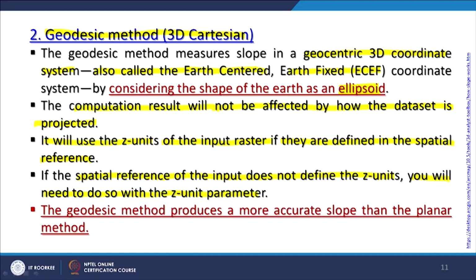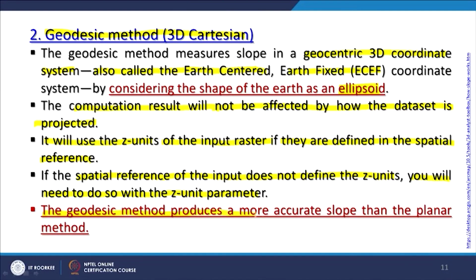So, the geodesic method will produce a more accurate slope than the planar method. Again I will tell you that the important point is how much variation exists in the input digital elevation model. If elevation values are not varying much, then you may get almost the same results, though on a cell basis, if you do the comparison or create a subtracted slope map of the two options, you may get some differences.